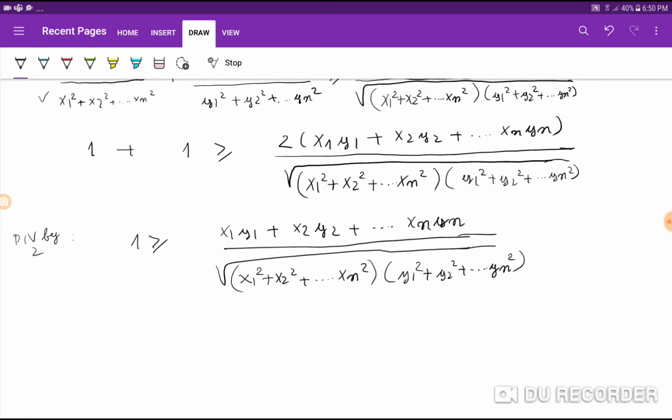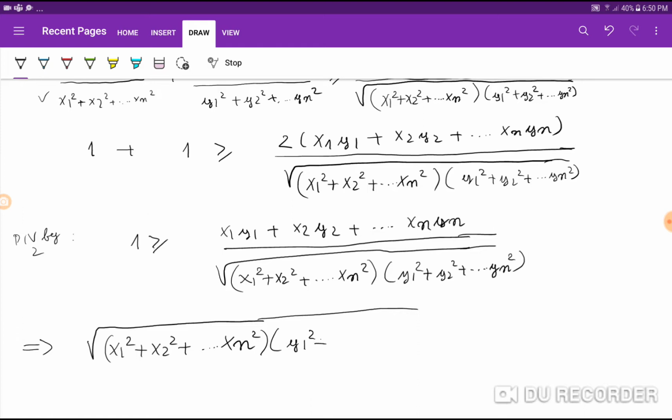And then if you multiply by the denominator on both sides, you get the square root of x1 squared plus x2 squared plus all the way to xn squared times y1 squared plus y2 squared plus all the way to yn squared, greater than or equal to x1 y1 plus x2 y2 plus xn yn.